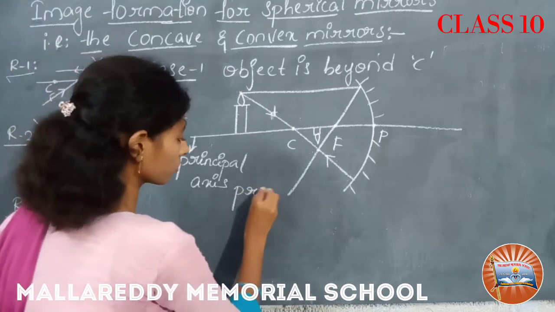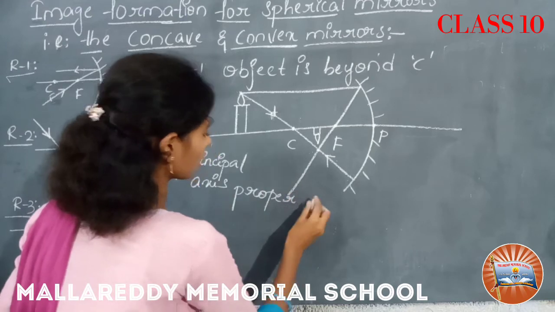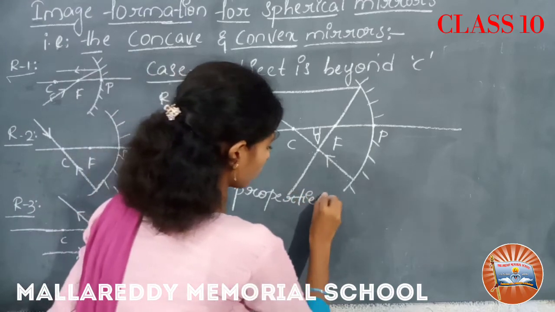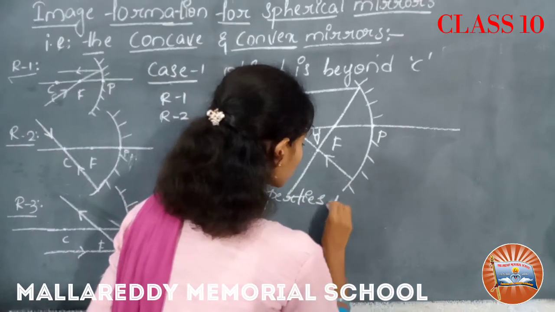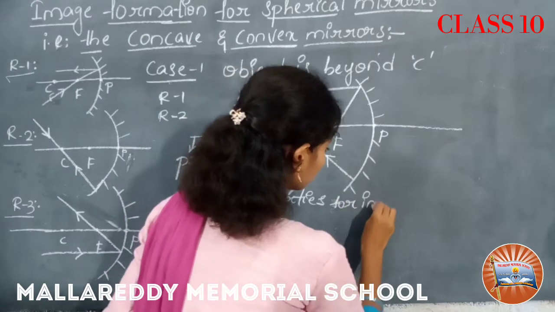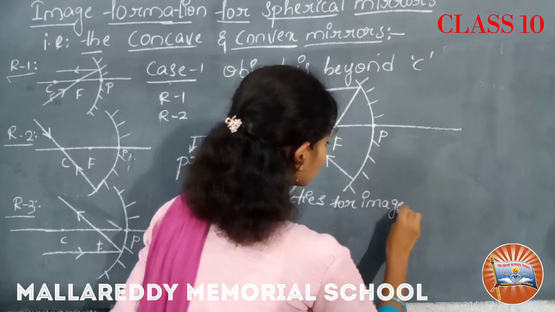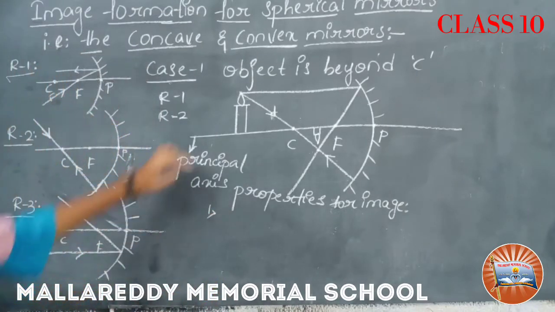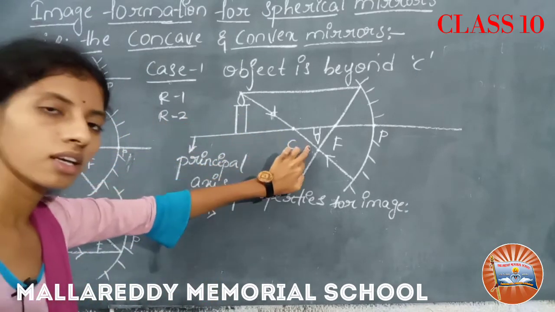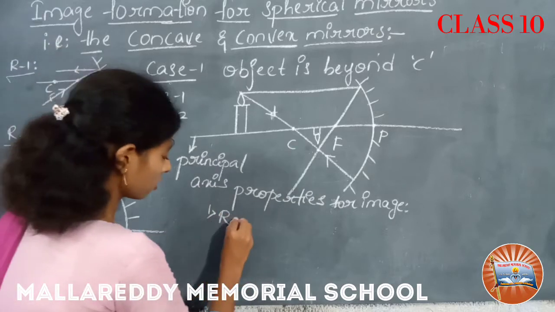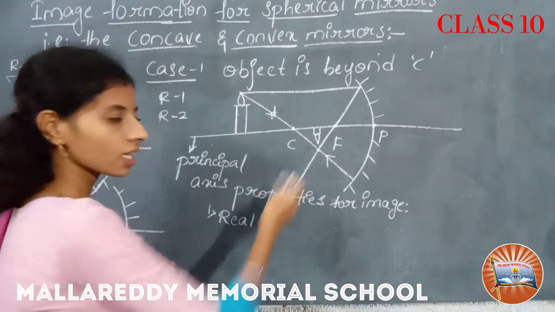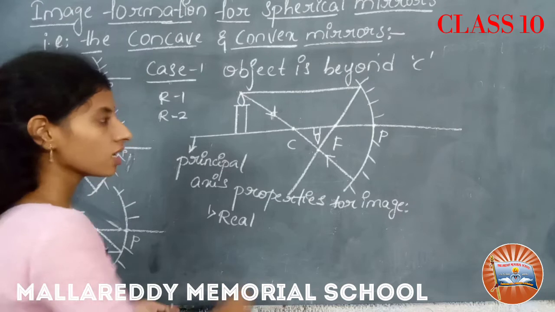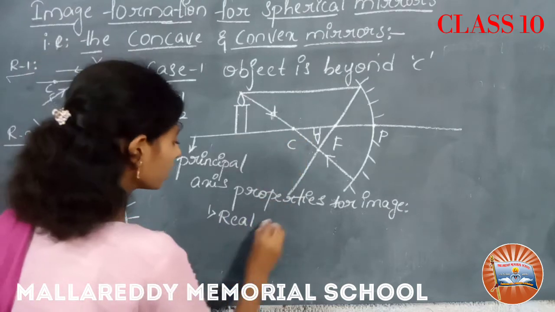Properties of the image. The first property is the image is real, that means it is formed on the screen only. It is real and it is inverted.